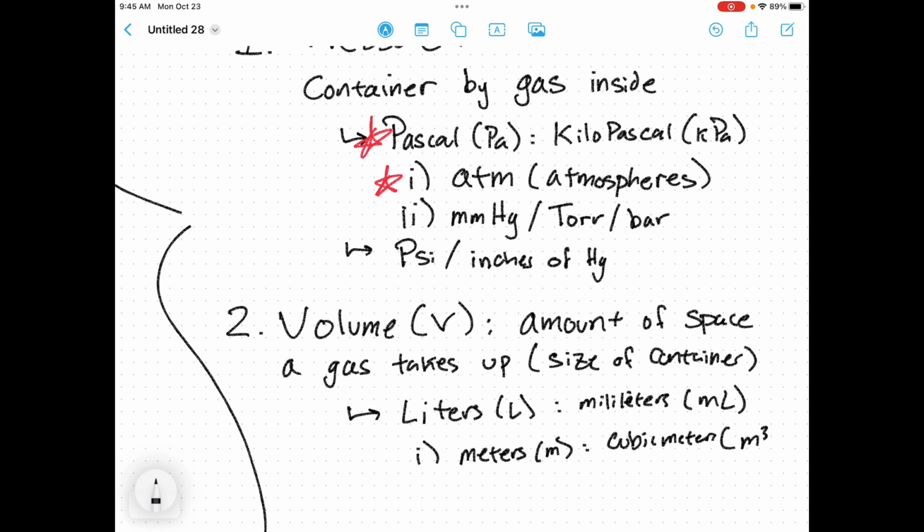Cubic meter is m cubed. It depends on the type of question you're given. Normally, you'll see liters and milliliters on the AP test. I have seen meters and cubic meters also used. Meters and cubic meters are more commonly used for rooms and stuff, so those are more practical, real-life examples. Liters and milliliters are usually used more in a lab setting. But given that our lab is going to be all about gases, we're going to be using liters and milliliters.